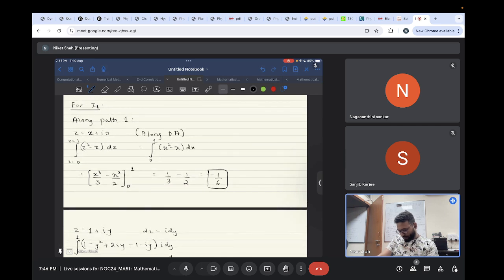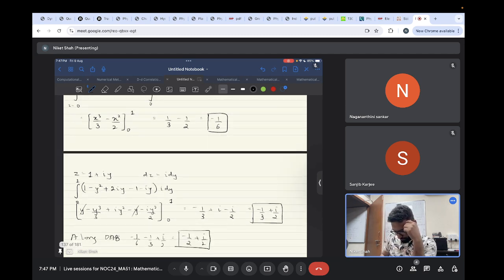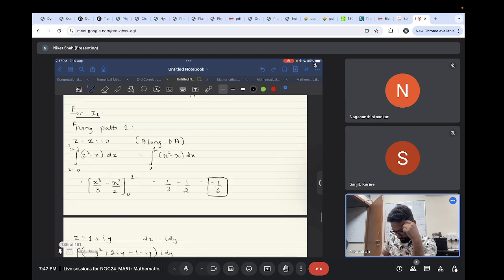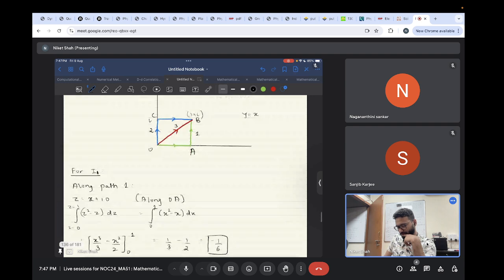It's going along x from 0 to 1. x cube by 3, 1 by 3. Okay, I'm not able to figure out what mistake I made here.